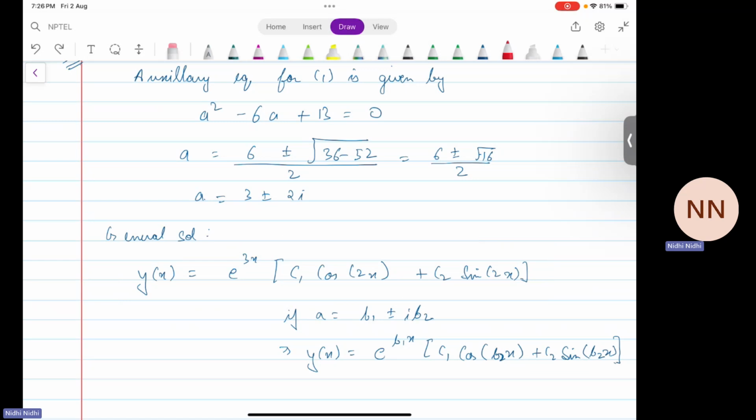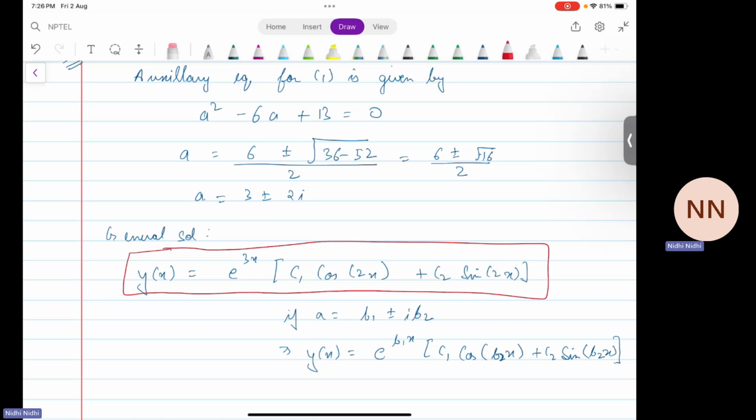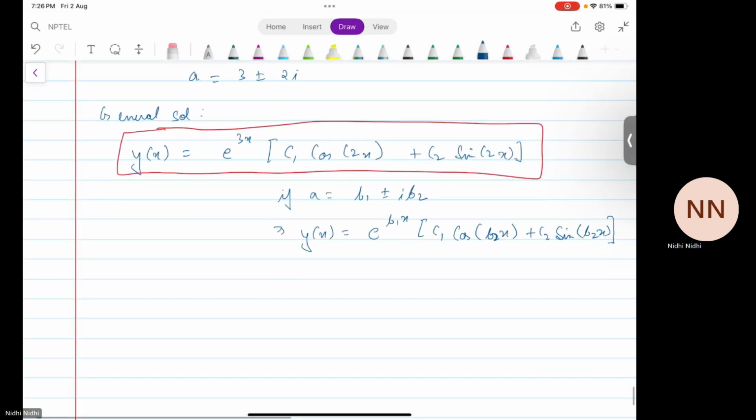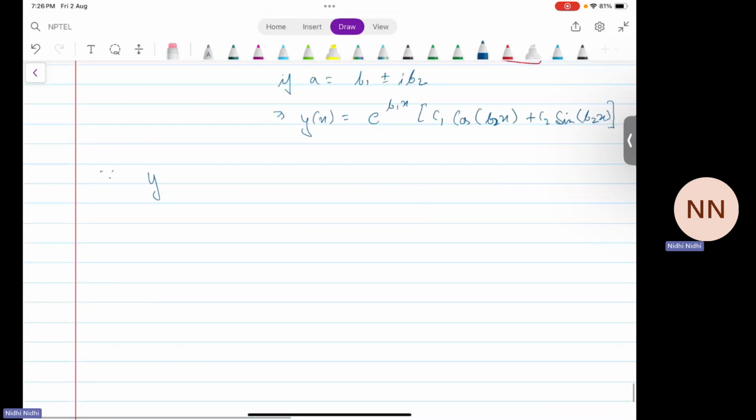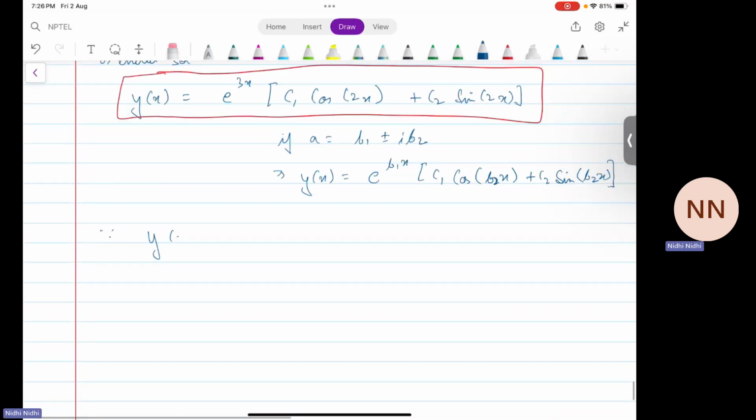Now what's the next step? We need to find the particular solution because we have initial values. Now since y at 0 is equal to 1, putting the value of x equals to 0 in equation 2, we get e to the power 0 c1 plus 0 is equal to 1.